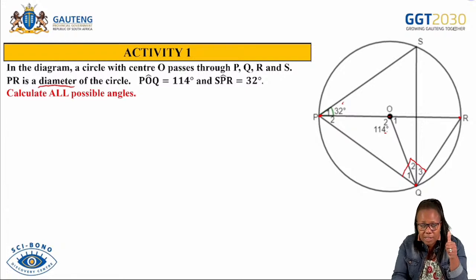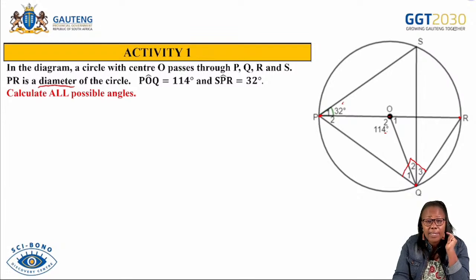You know the tip, grade 12. Look into the diagram, check, do you have center? Yes, check the center theorems. Do we have a line from center to the midpoint or perpendicular to the chord? No. Do we have angle at center twice angle at circumference? Yes, because there is that diagram there.